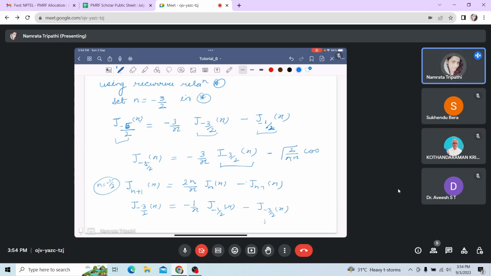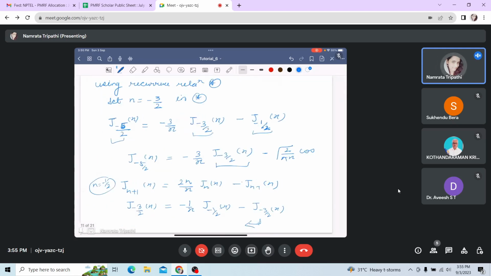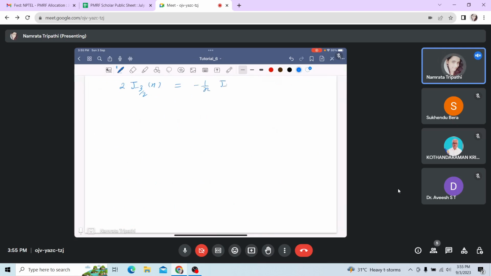You can take this out to the right hand side. So 2z minus 3 by 2 of x will be minus 1 by x z of minus 1 by 2 of x. So take 1 by 2 to the right hand side and write the value of 2 by pi x cos of x. So this is the value of z minus 3 by 2 of x. You can substitute and you will get the value of z minus 5 by 2.